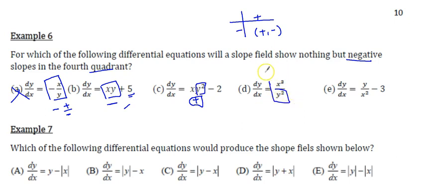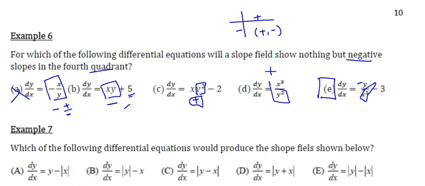X cubed is always positive, so this is always positive. Now the last choice. This is a very good example. X squared is a positive number, y is always negative, and you are subtracting 3, so it will always be negative. That means the best answer choice is E.